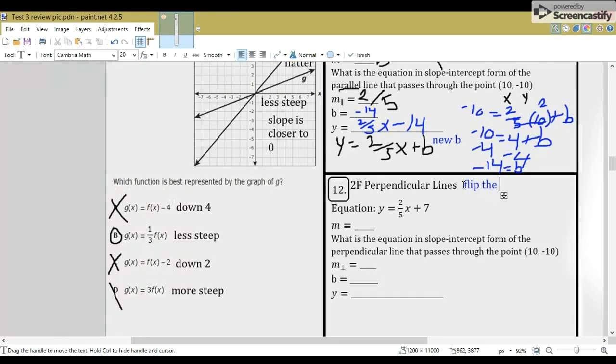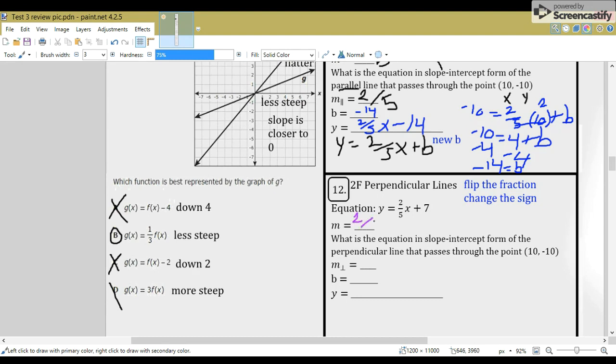Number 12, perpendicular line. What is the equation in slope-intercept form of the perpendicular line that passes through the point 10, -10?